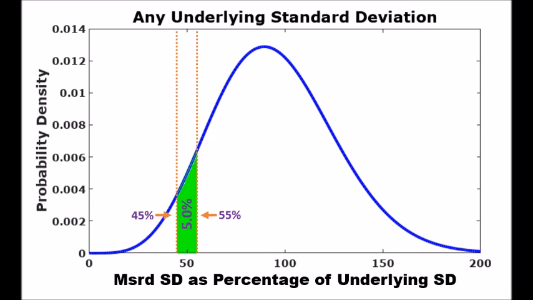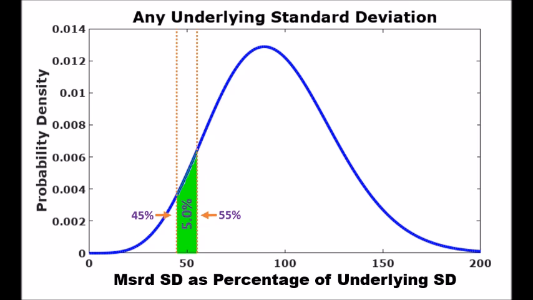Like before, let's approximate things by treating that entire range as if it's at the 50% level. In that case, we can say that there's a 5% chance that our measured standard deviation landed in this part of the distribution, and that the underlying standard deviation is therefore about twice as large as what we measured.